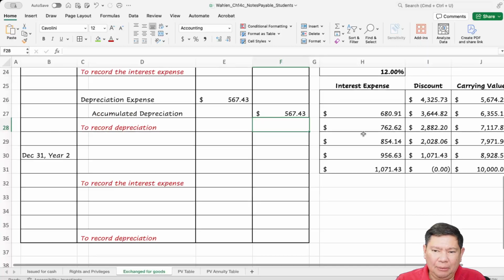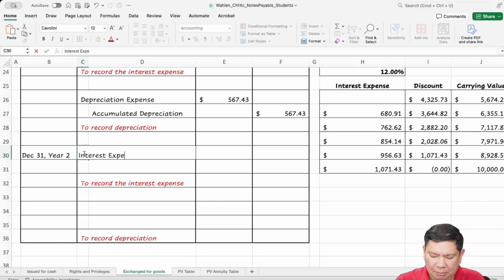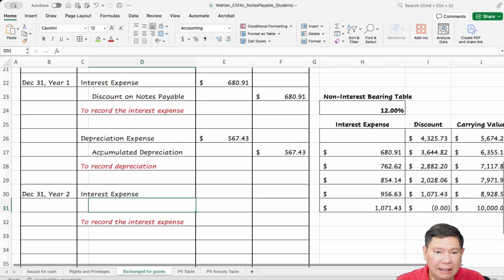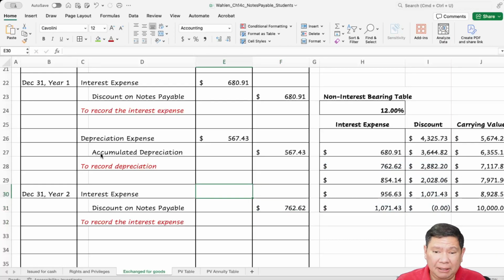In the second year, we move to the second row for our interest expense. Interest expense is the second amortization of the discount on notes payable, which is 762.62. This is using effective interest rate method.